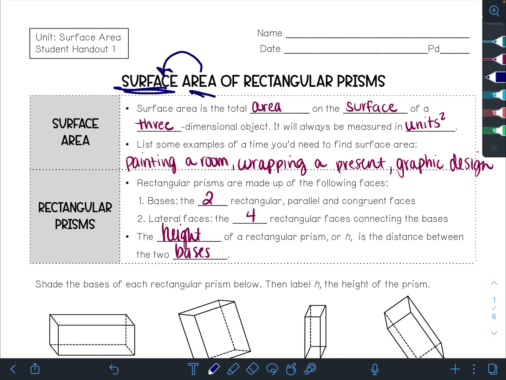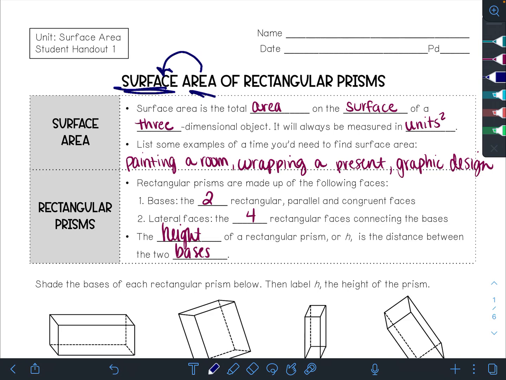It will always be measured in units squared, because whenever we're dealing with area, it is always in units squared. Some examples of a time that you may need to find surface area would be painting a room. Whatever room you're sitting in right now, you're sitting within a rectangular prism. If you wanted to paint the walls in that room, you would be finding the lateral surface area of that.